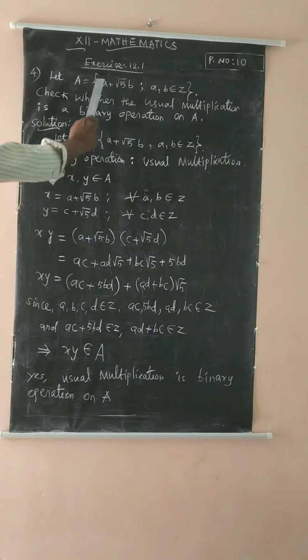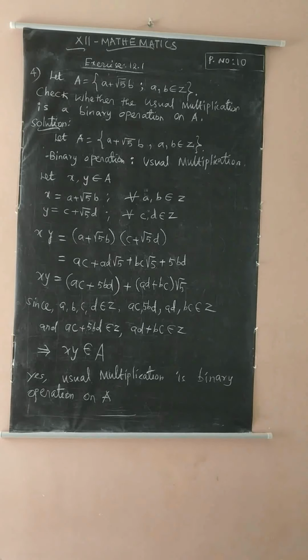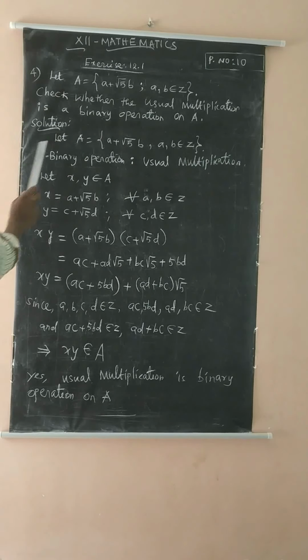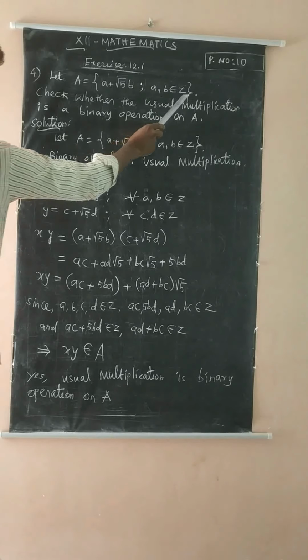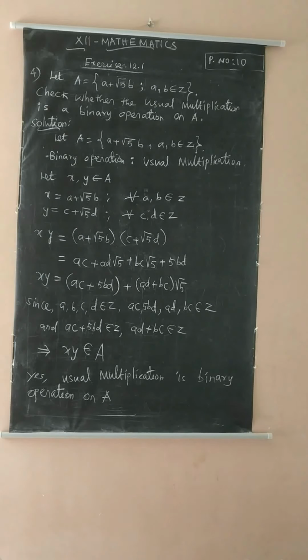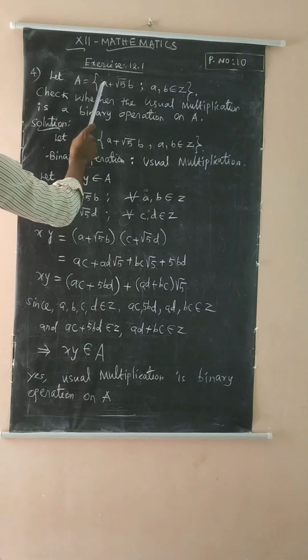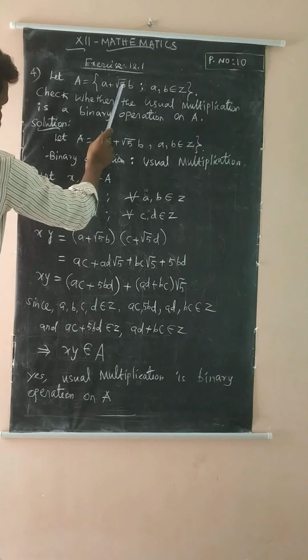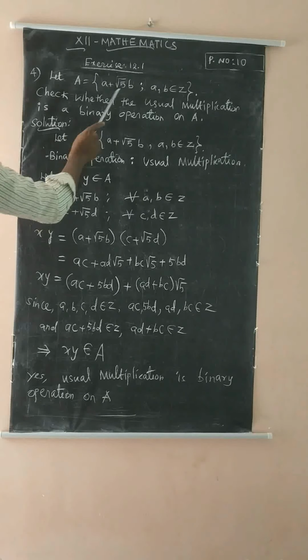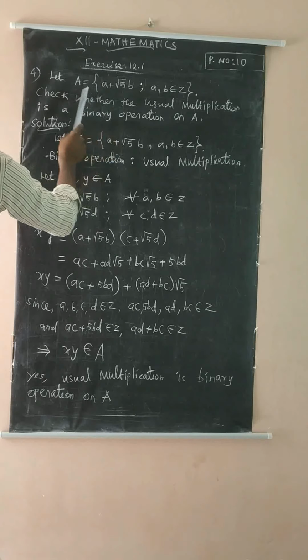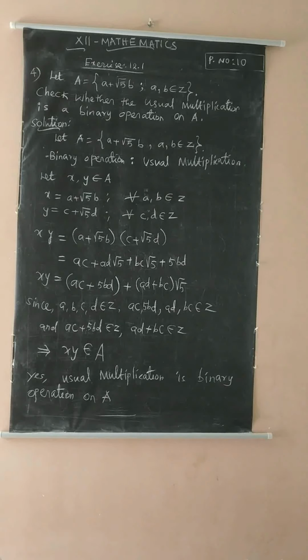Now see exercise 12.1, fourth question. Let A be the set of values a plus root 5 b, where a, b belong to Z. Z means the set of all integers. So a, b are integers, and the elements are of the form a plus root 5 times b.